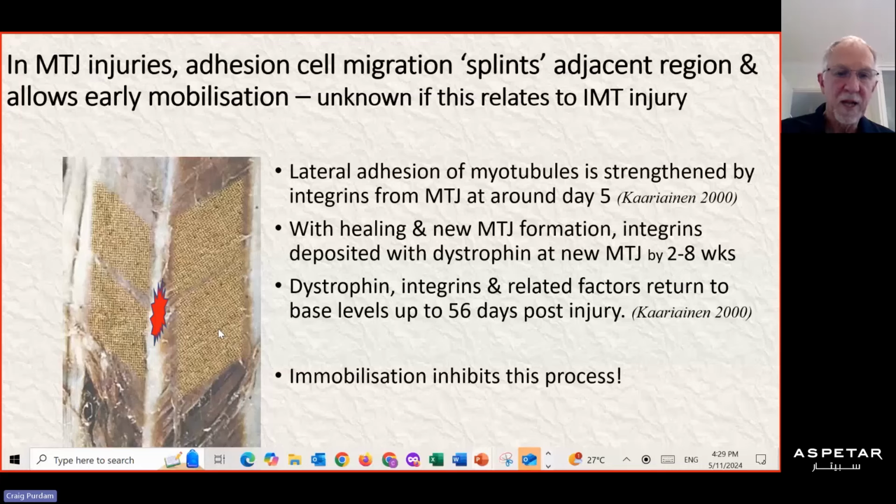So the body lays down integrins through this area to effectively splint the area, so that from day 5 onwards, we're getting less movement at the site of injury.